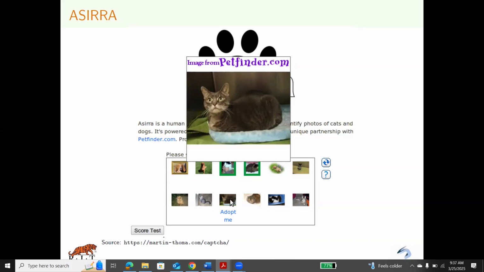Also, it was interesting because under every picture there was a link. All these images were animals taken from some shelters, and you could click on the link and adopt this pet.